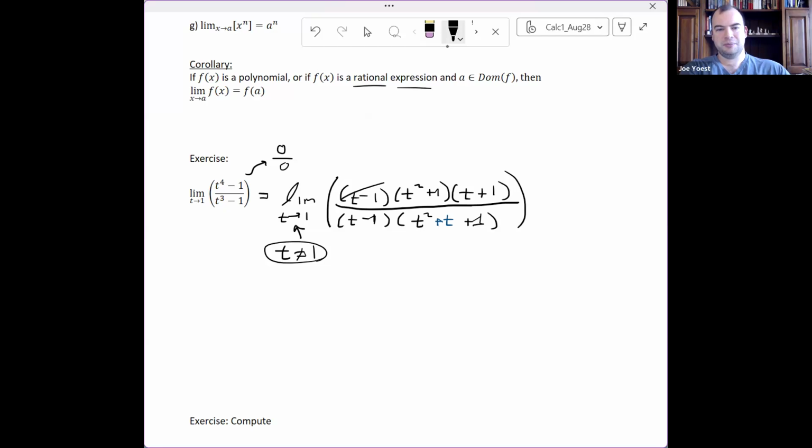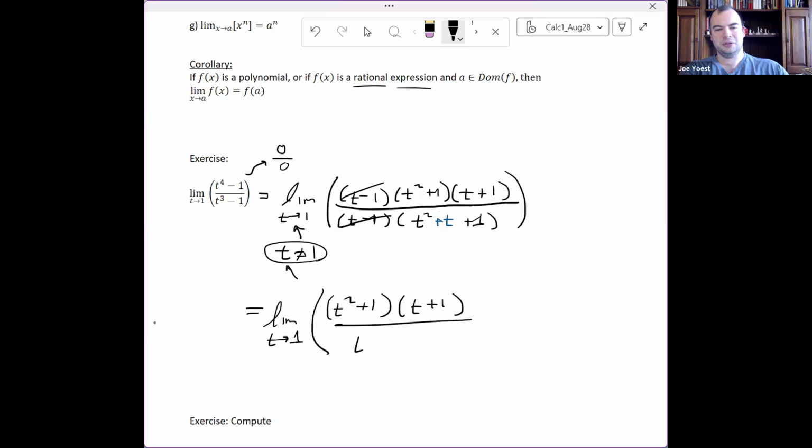But I do notice that my t minus 1s divide out. Again, remember the domain restriction t not equal to 1 coming from the existence of this limit. Now if I look at the limit as t goes to 1 of t squared plus 1 times t plus 1 over t squared plus t plus 1.